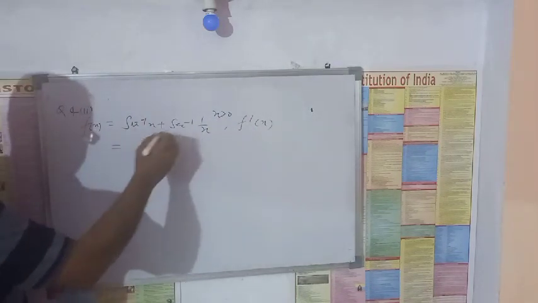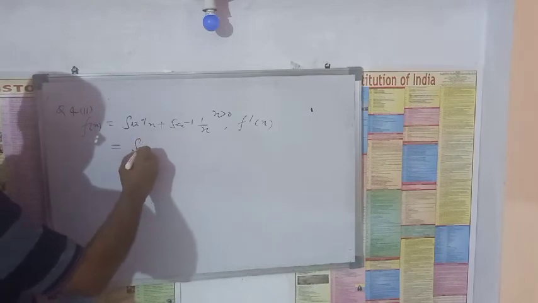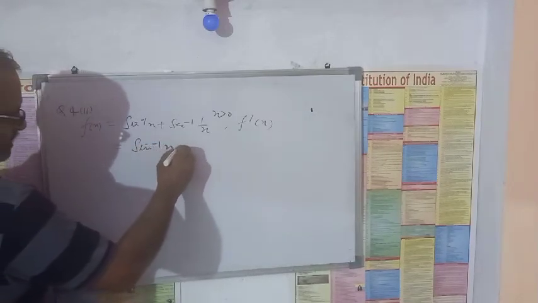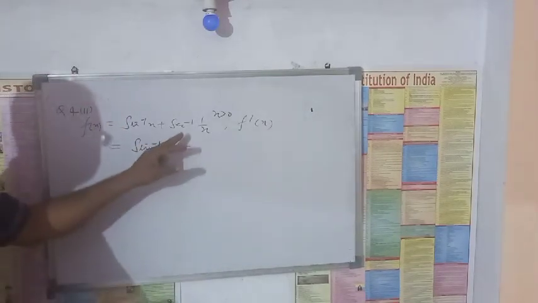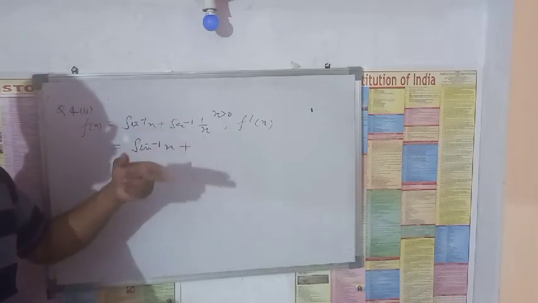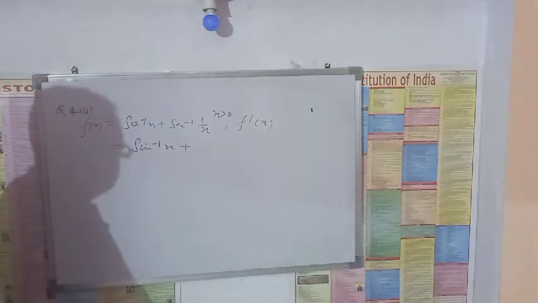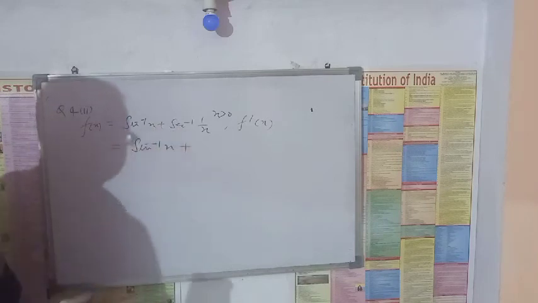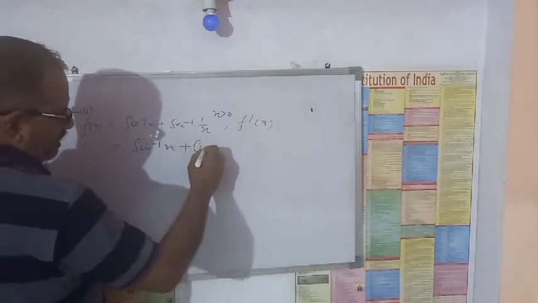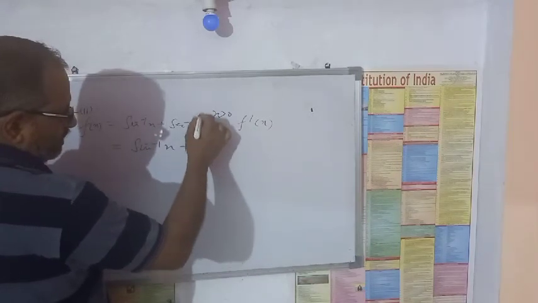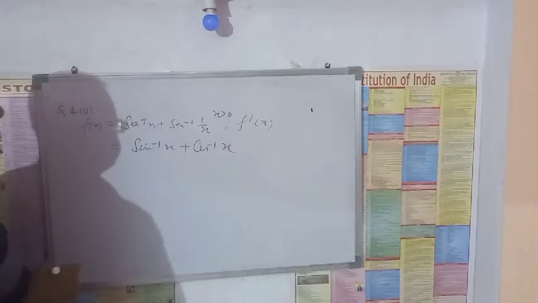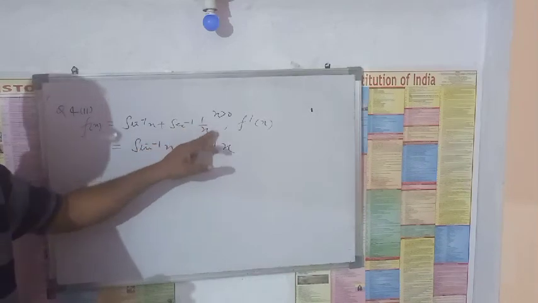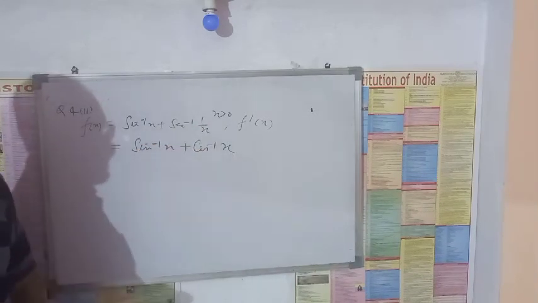So before finding the derivative, let us simplify it. Sin inverse x. Change sec inverse into cos inverse by the reciprocal relation. See the property: sec inverse 1 by x, we can write as cos inverse x.